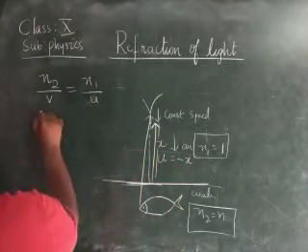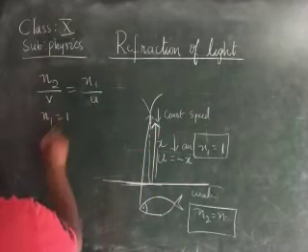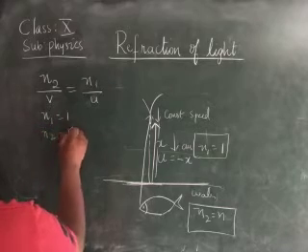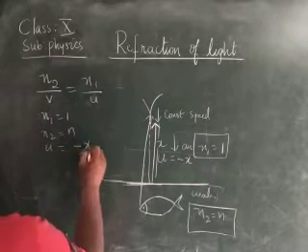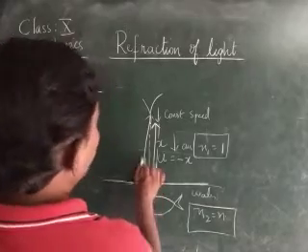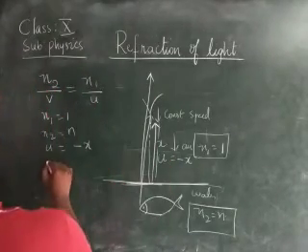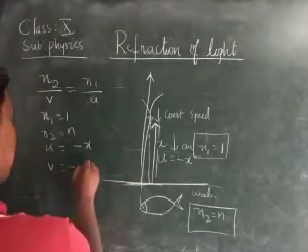Let the distance be x, therefore we take u is equal to minus x. Here n1 is equal to 1, n2 is equal to n, and u is minus x. The image also appears in the negative direction, therefore v is equal to minus y.